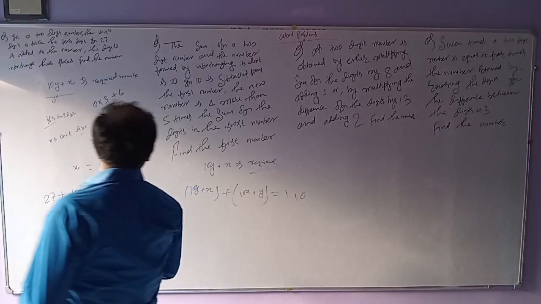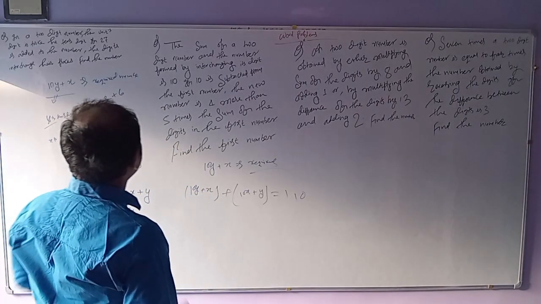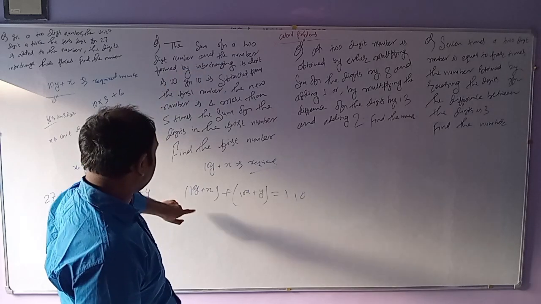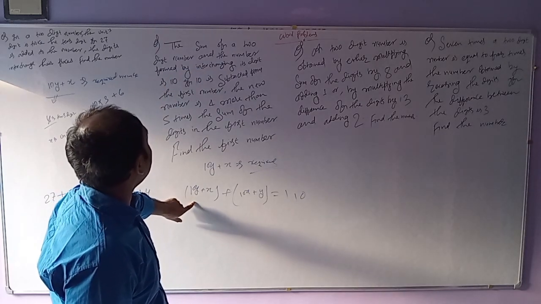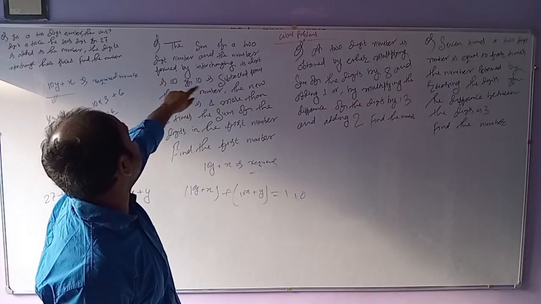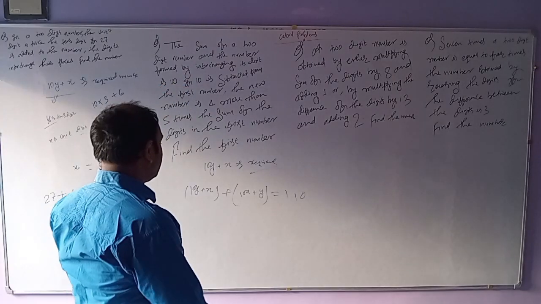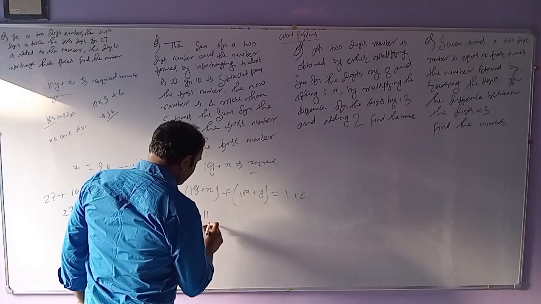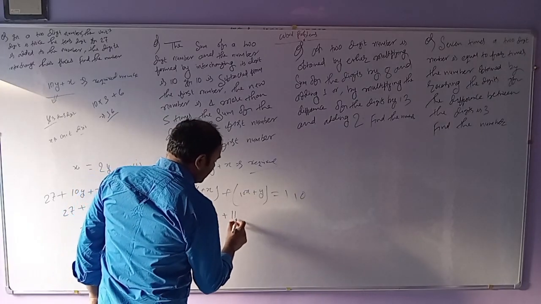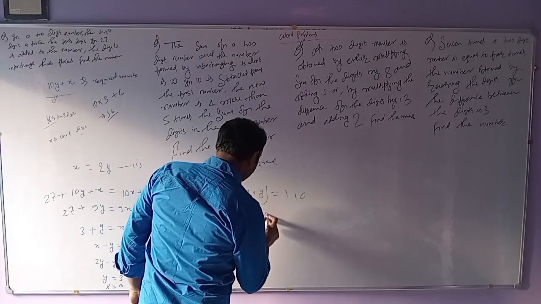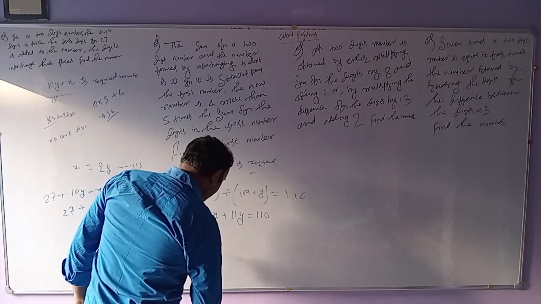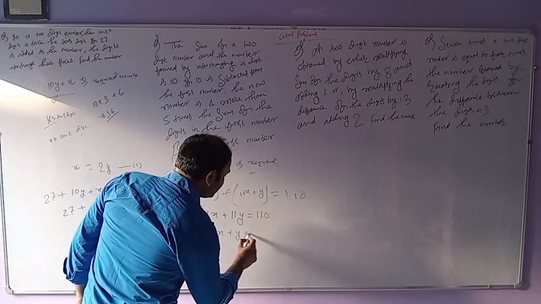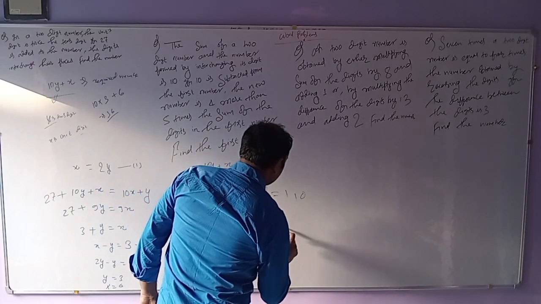That is the question: the sum of a two-digit number and the number formed by interchanging the digits is 110. When we solve this, we get 11x plus 11y is equal to 110, and we sort out the terms, then we get x plus y is equal to 10, and this is our first equation.